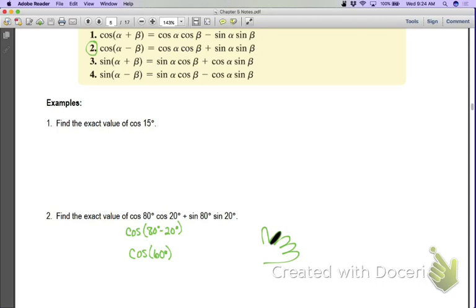Top side of your hand. So square root of 1 over 2, or 1/2. Whenever it asks for exact values, 1/2 is an exact value.